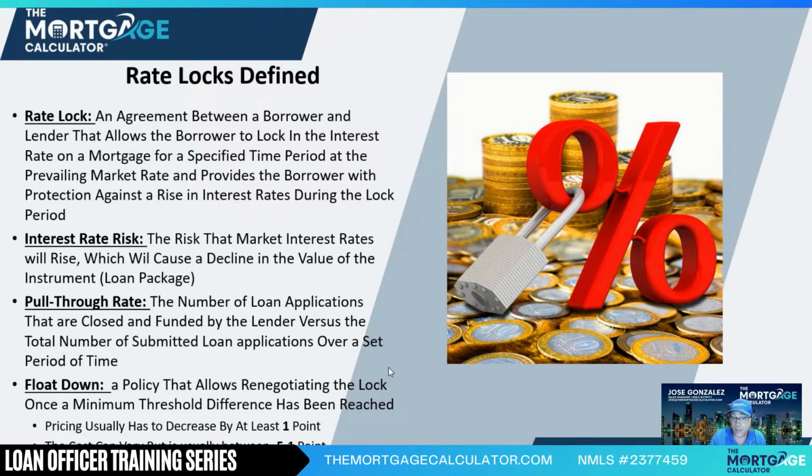That'll definitely affect your pull through rate and could cause you even to be canceled from submitting loans or put on probation from submitting loans to a particular conduit if they find out that you're doing that type of maneuver. So you definitely want to always look at the float down option instead of just straight out cancel the file, just to take advantage of pricing somewhere else that may be a little bit better.